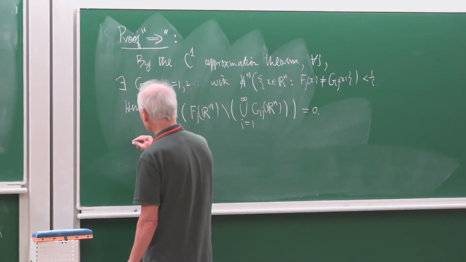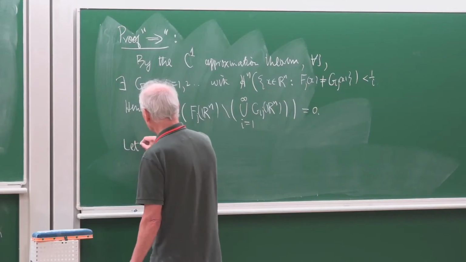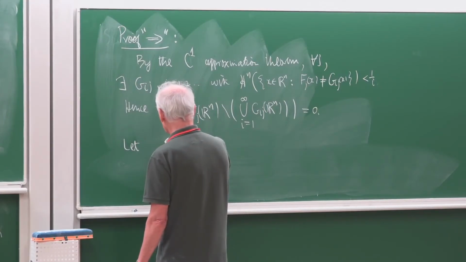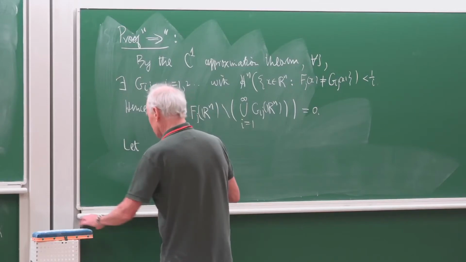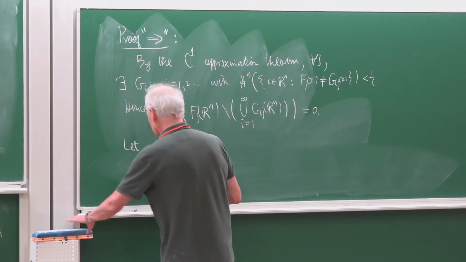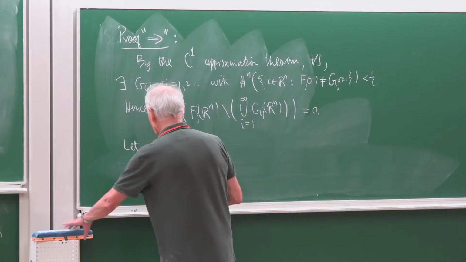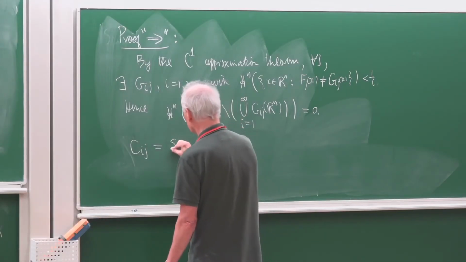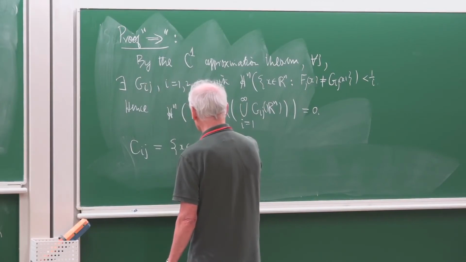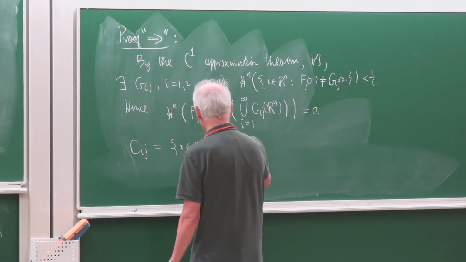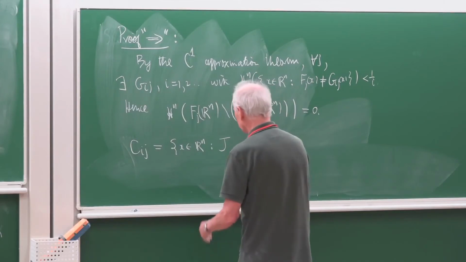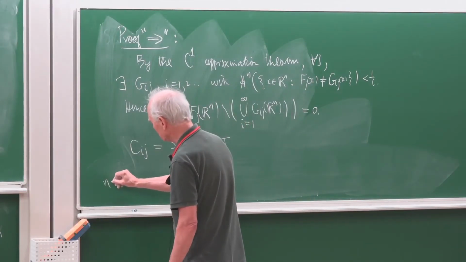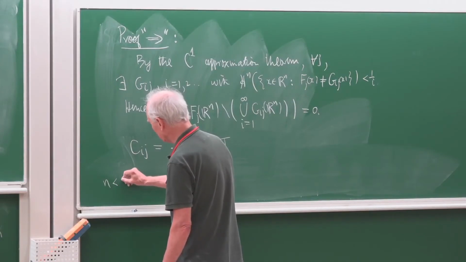Well, let Cij be the critical set of Gij. So let Cij be the set of x in Rn such that the Jacobian, notice that here we are in the setting where we're mapping into Rn+k, so n is less than n+k.